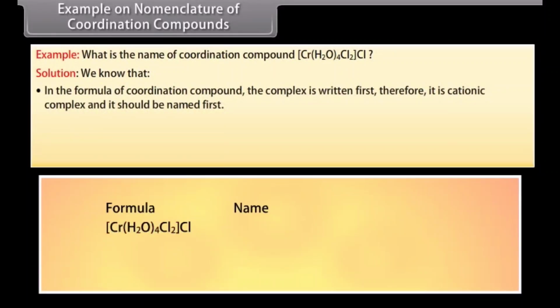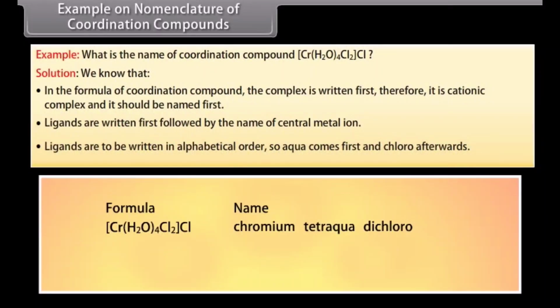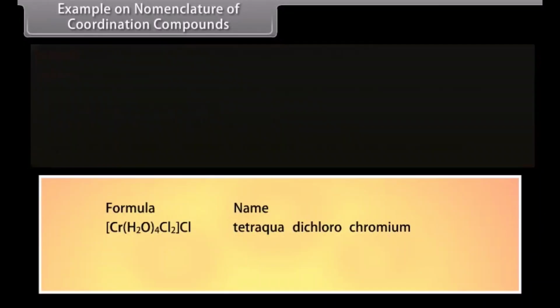In the formula of a coordination compound, the complex is written first, therefore it is a cationic complex and it should be named first. As per rules, while naming the complex, ligands are written first followed by the name of the central metal ion. Ligands are to be written in alphabetical order, so aqua comes first and chloro afterwards.